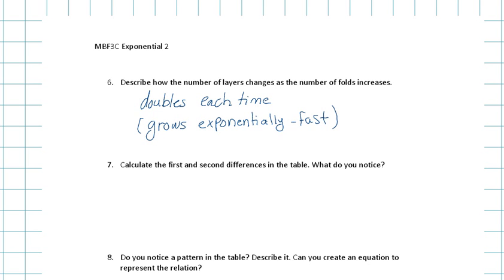And the first and second difference in the table, what do you notice? First and second difference? They aren't the same. They're not constant, but they're the same numbers as the previous y values. The y values are repeating.